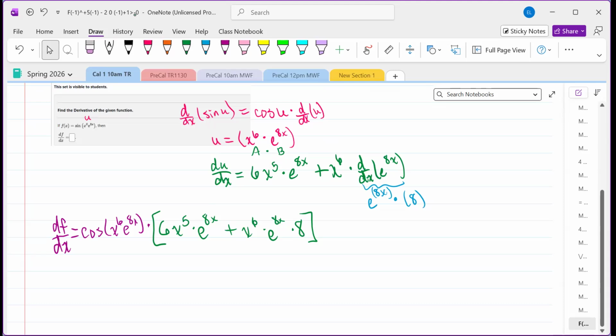And that's it. My stuff, from my du dx, these are not like terms. X to the 5th with my e to the ugly versus x to the 6th with my e to the ugly. Those are different. I can't combine them. So that's all she wrote for that.